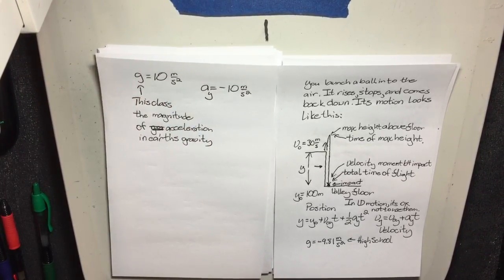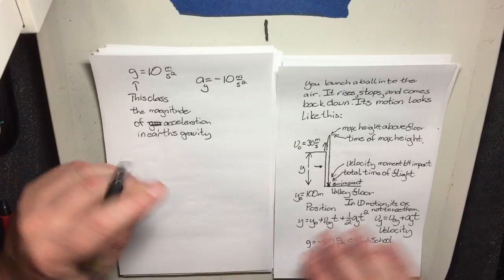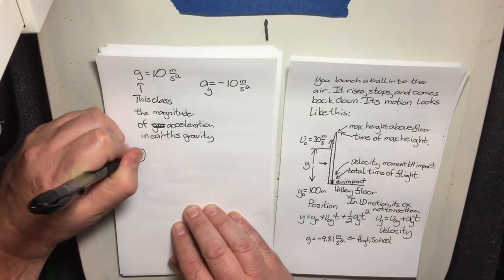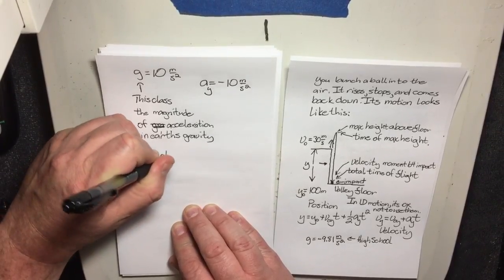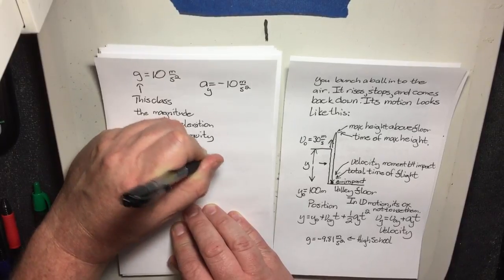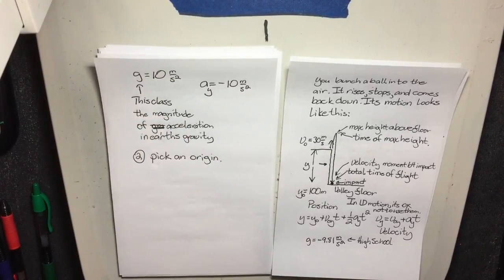And for this problem, what we're going to do is we're going to say that acceleration in the y direction is -10. Let me tell you why we pick -10. In this type of problem solving, pick an origin. You've got to pick a place that is where everything else is referred to it.